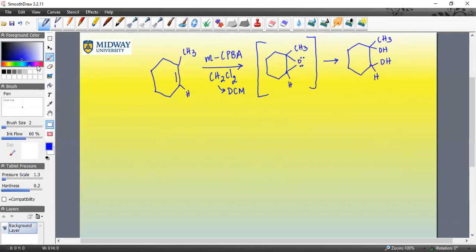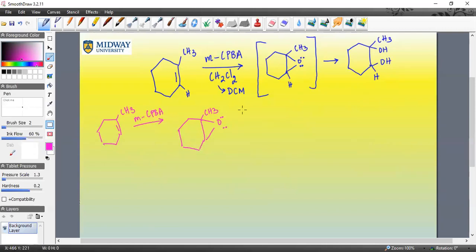Now, for people that are overambitious and do want to know what the mechanism is and how this thing goes about it, well, first this compound reacts with MCPBA, which is metachloroperbenzoic acid, and it results in the formation of an epoxide. Things are quite easy at this point, and in fact the whole thing is not all that difficult.